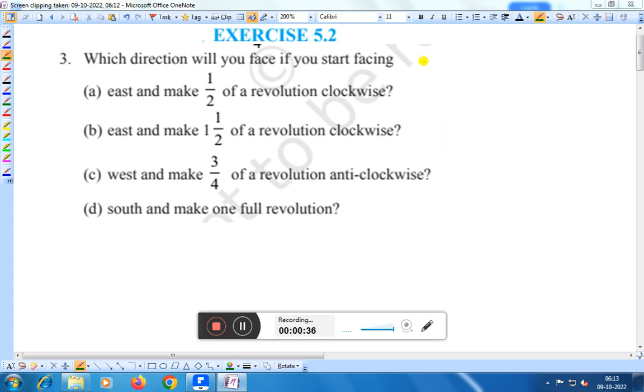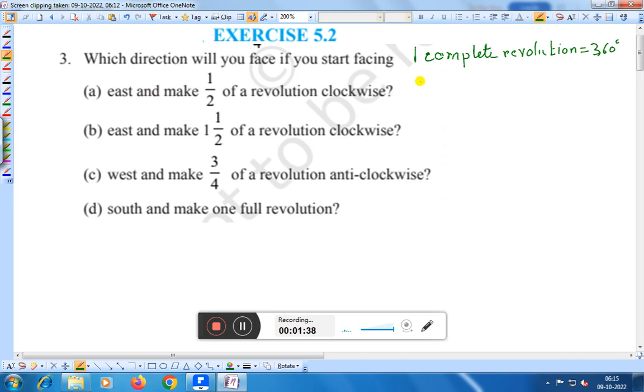We know that one complete revolution is equal to 360 degree, right? We know that one complete revolution equal to 360 degree.